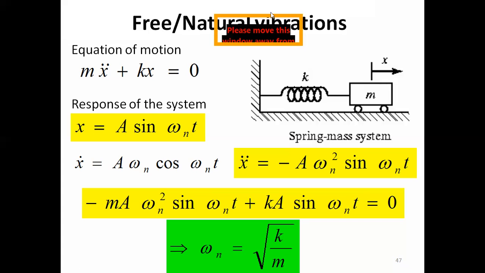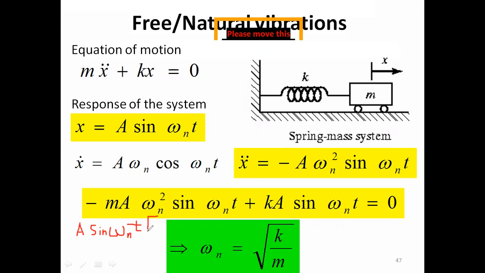Taking that common, inside the bracket we will have minus m omega n squared plus k is equal to 0.